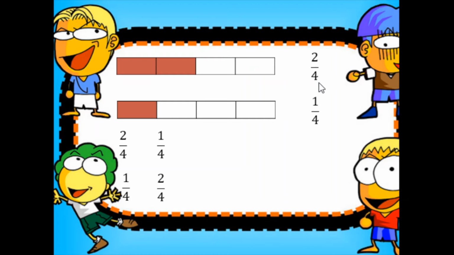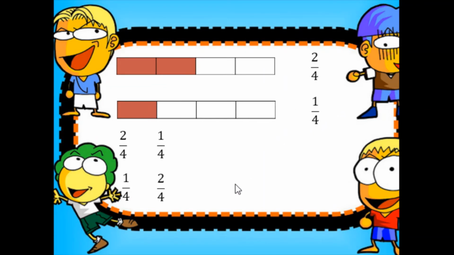Why is it 2? Because we have 2 colored or shaded parts. So when you read it, it's 2 fourths. And this one is 1/4.